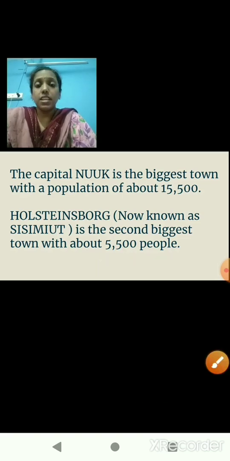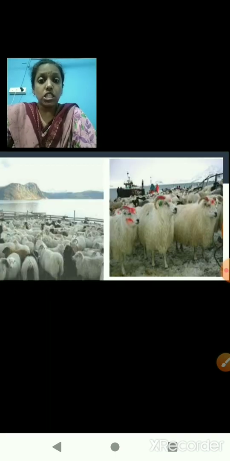Now let us see the agriculture and industry of Greenland. Fish processing is the major industry in Greenland because they have water bodies very close by. So they mainly survive on fish processing. Apart from that, in some summer months when it's not extremely cold, sheep rearing is also done.